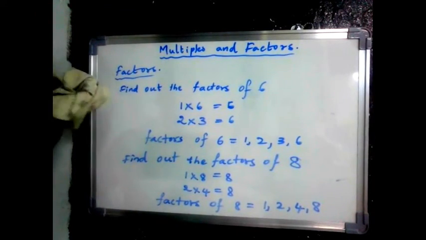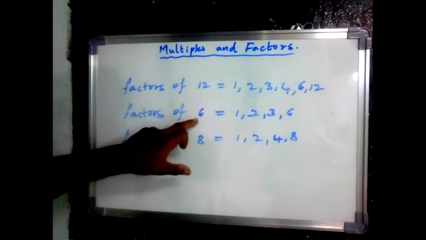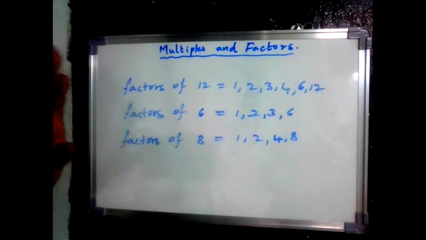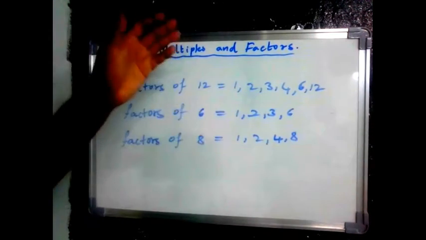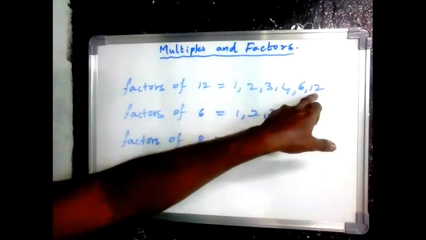If we observe the factors of 12, 6 and 8, we notice that 1 is a factor of every number.